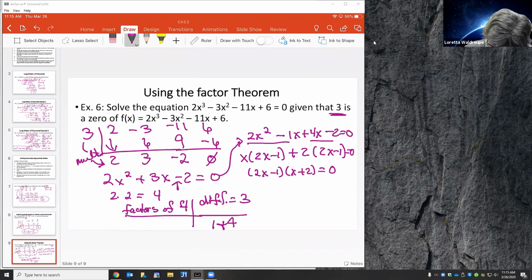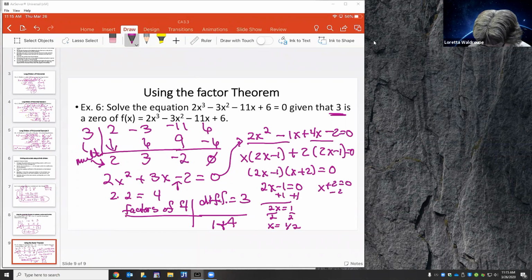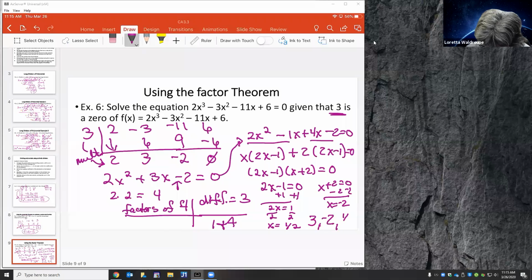Excuse me, and according to the zero product property, I set each one equal to 0 and solve for x. So I have the 3 that they gave me, the -2, and the positive 1/2 as my zeros. And that is the end of section 3.3.